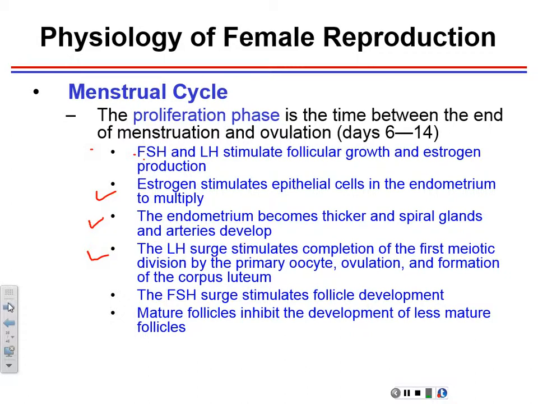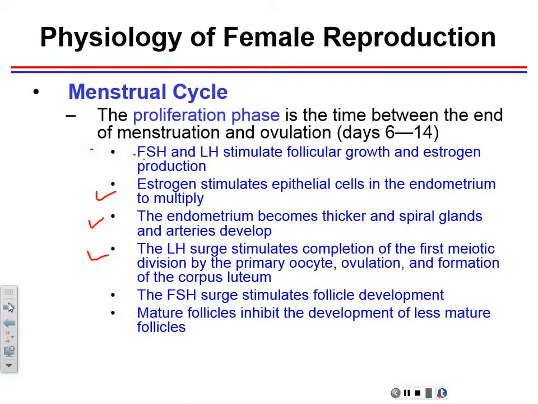Towards the end, you get a surge in LH. Boom. There's a spike, and that surge in LH will do a few things. It will cause the ovulation in the first place, but before it causes ovulation, it's going to stimulate the finishing of meiosis 1, so that meiosis 2 starts and is then arrested in metaphase 2.